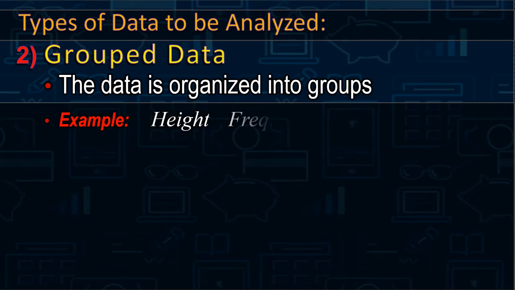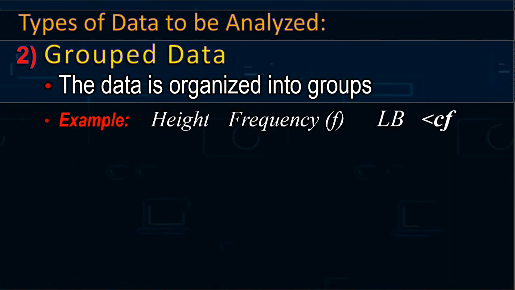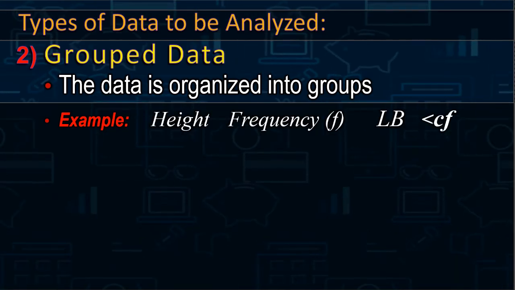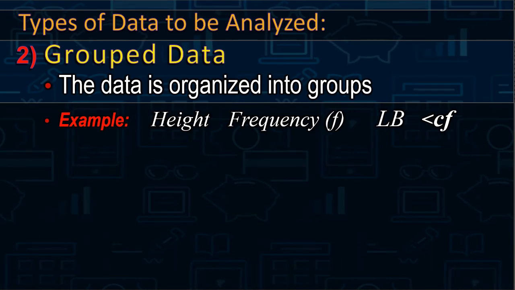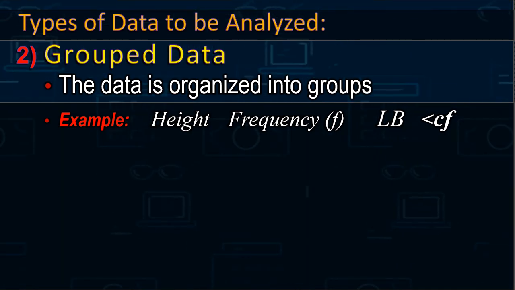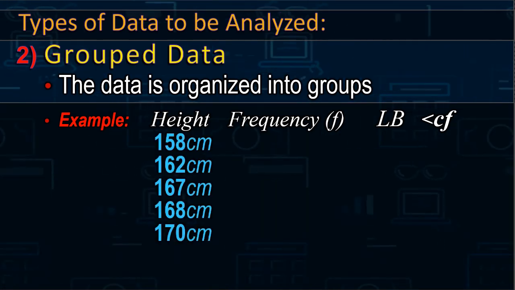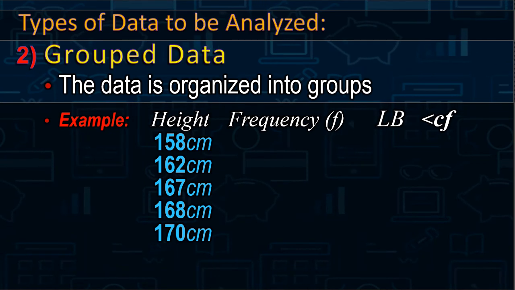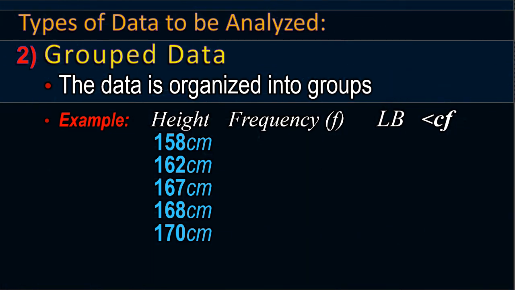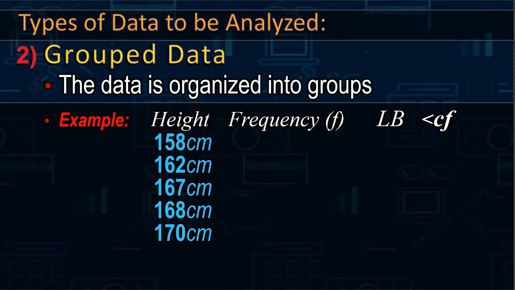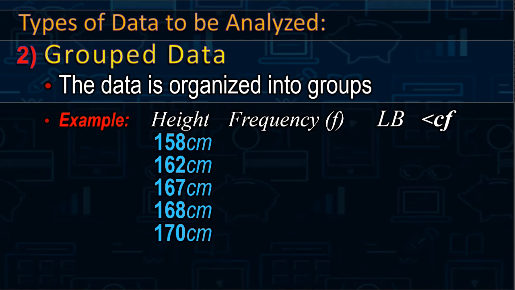And you're going to form a table. So for example, we have the height, the frequency, the lower boundary, and less than cumulative frequency. So the height is 158 centimeters, 162, 167, 168, and 170 centimeters.